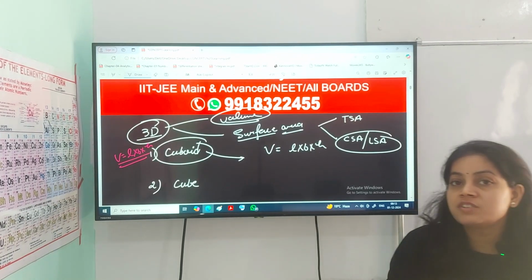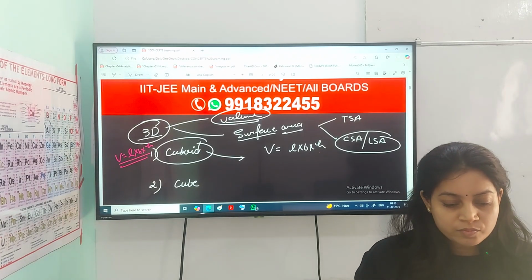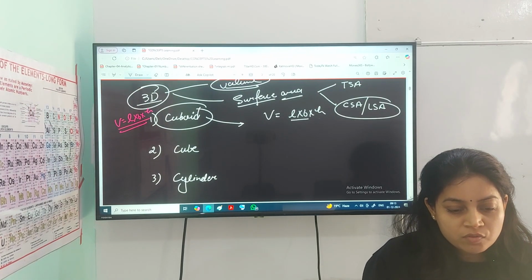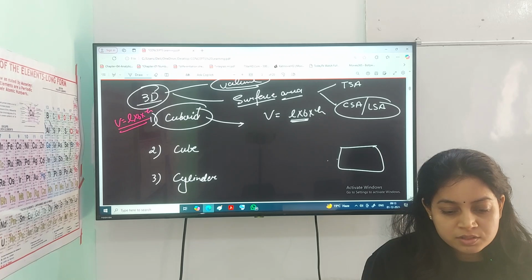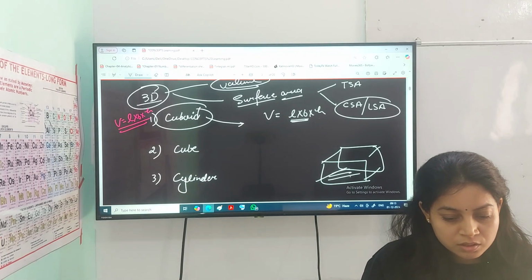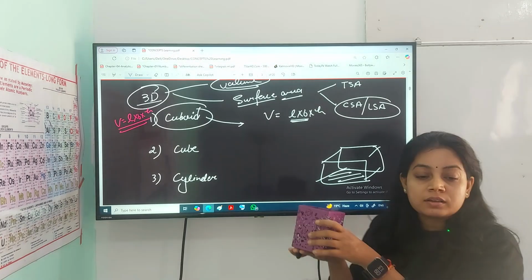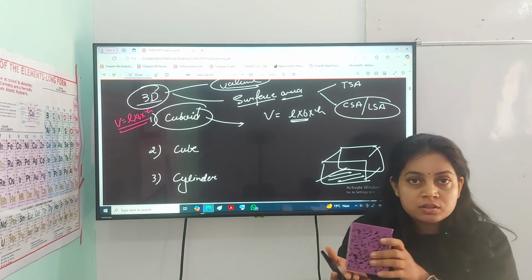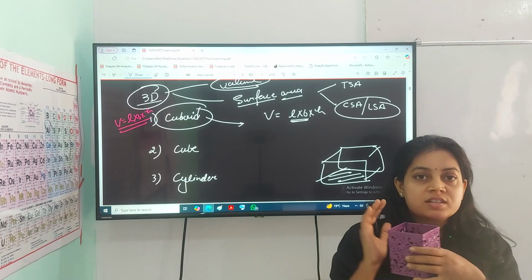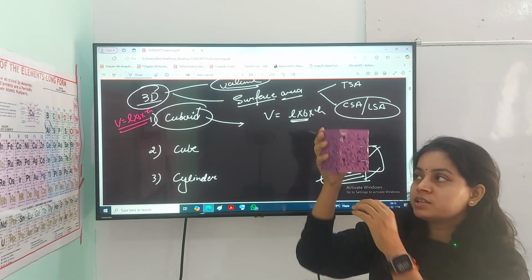But I'll give you a specific, standard formula for the volume. Whether I'm taking a cube or cuboid, in this case, if you simply see, the base of the cuboid is nothing but a rectangle. Even all the faces are rectangles. Here it is a rectangle, here it is a rectangle, bottom is a rectangle.